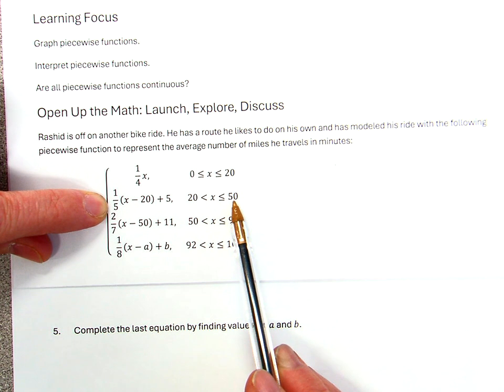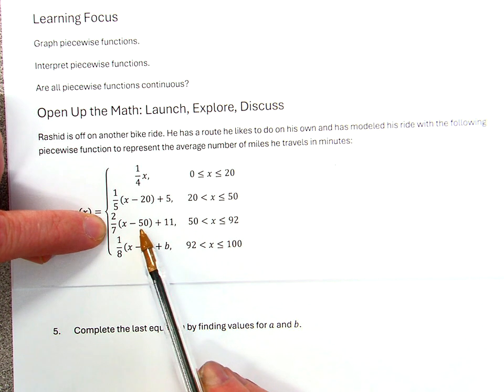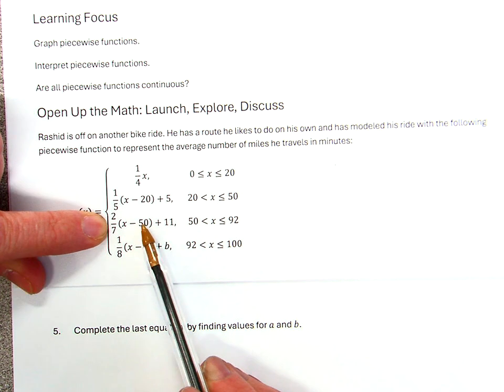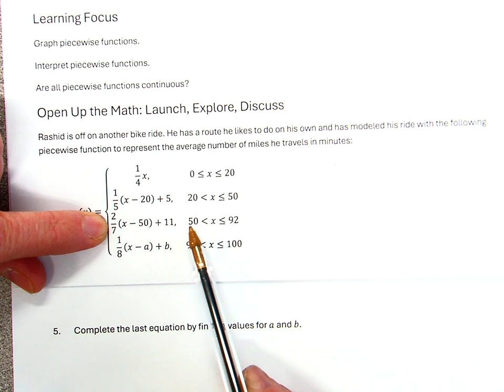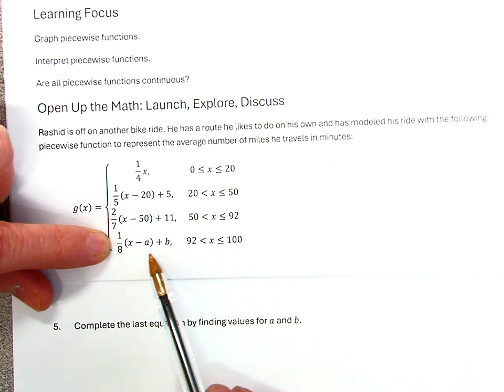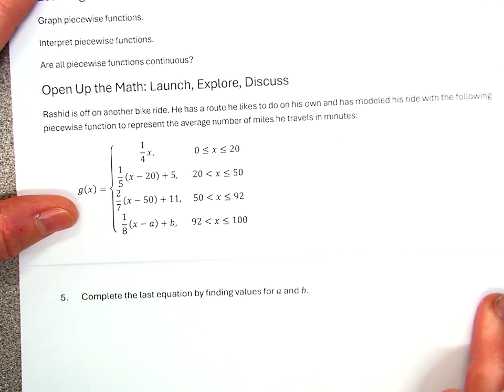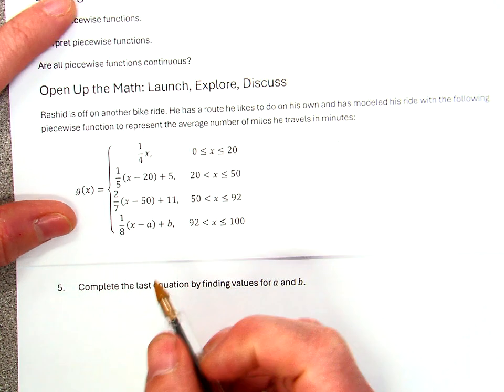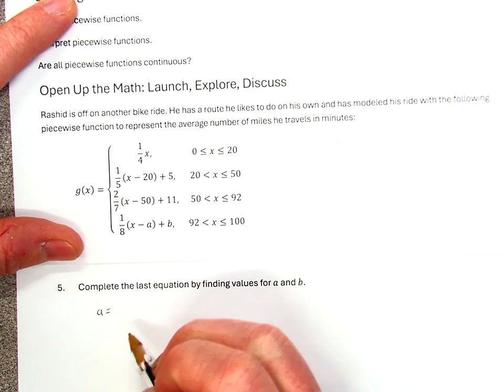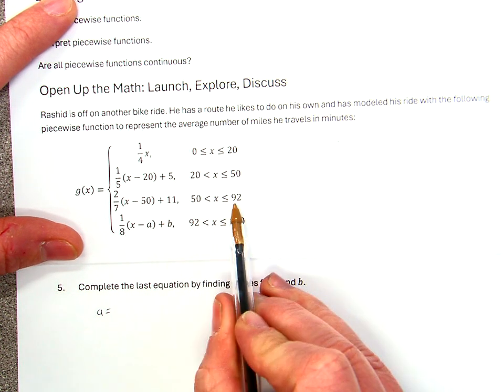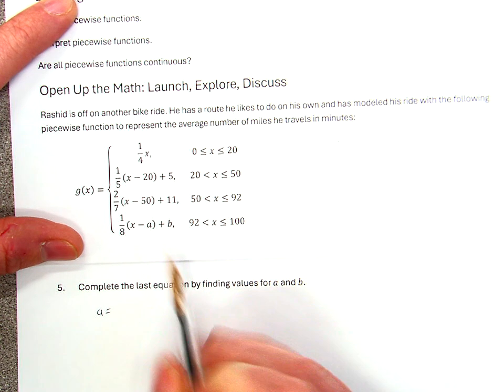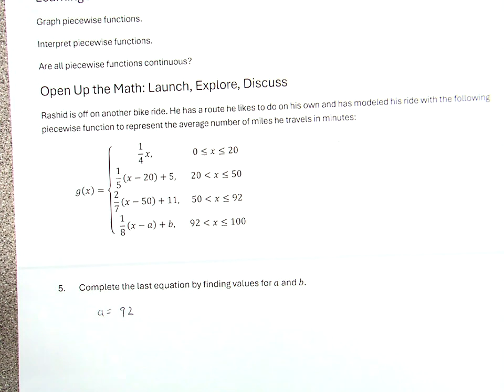So since he ends at 50, this guy should start at 50, which is built into this point slope form. It moves from 50 to 92, which means this guy should start at 92. So this part, A, is much easier to find because it should always start at the previous x value. So A should be 92.